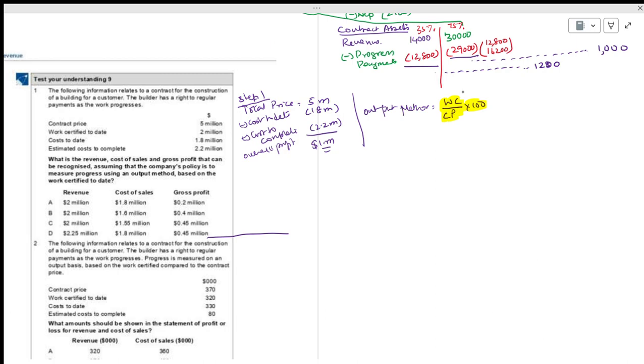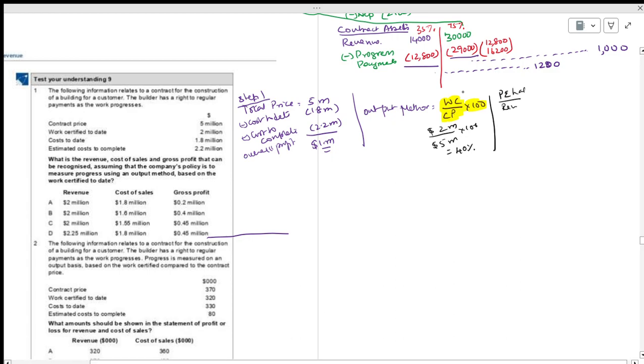Work certified is 2 million. Contract price is 5 million, times 100. It comes to 40%.